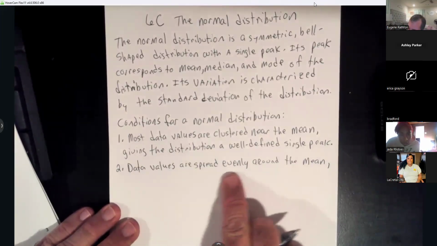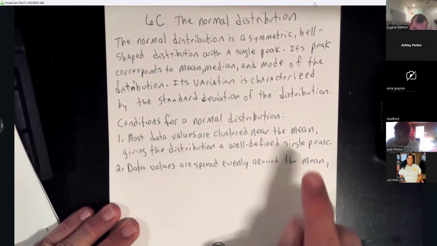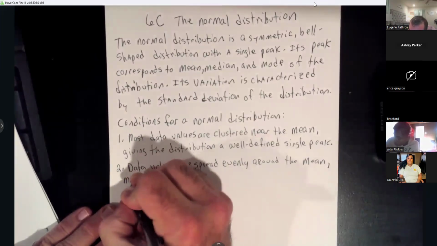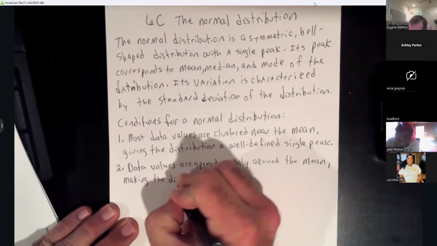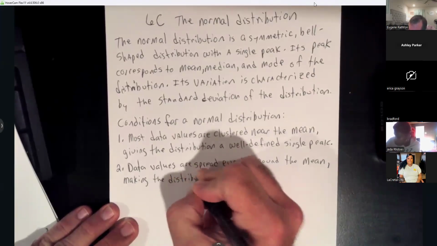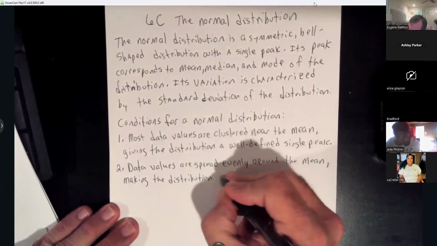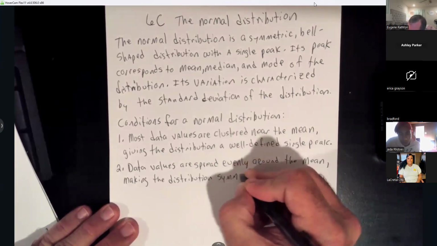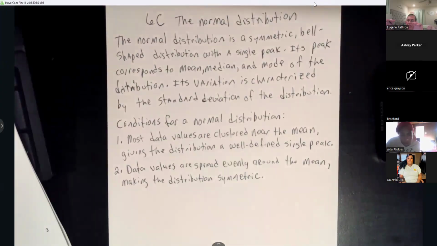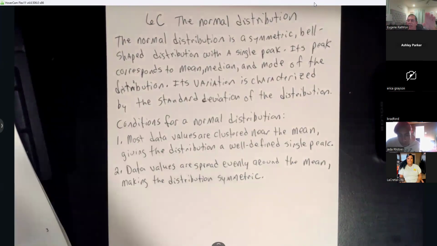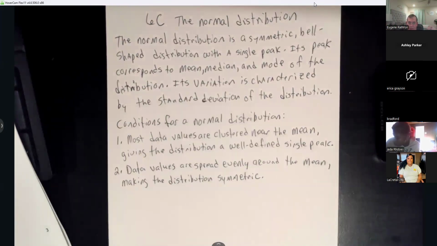So data values are spread evenly around the mean, making the distribution symmetric. So I have pretty much just as many values below the mean as I do above the mean. And that's giving it that shape as it heads out.